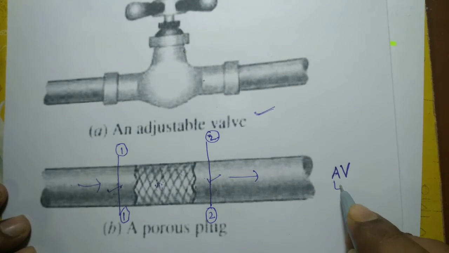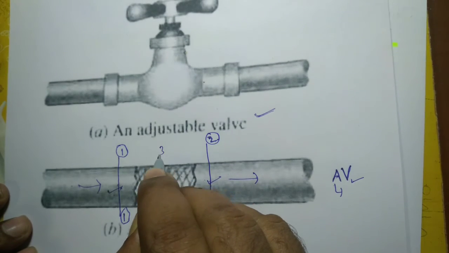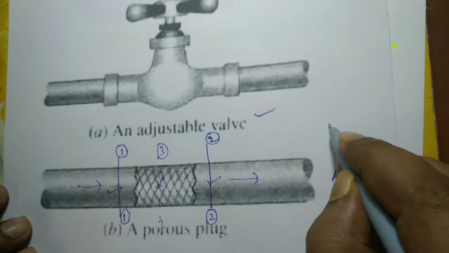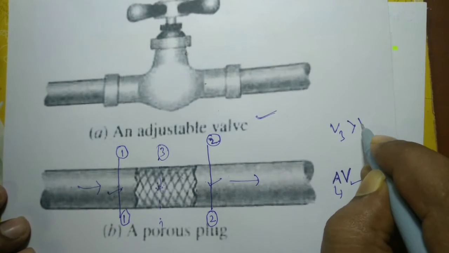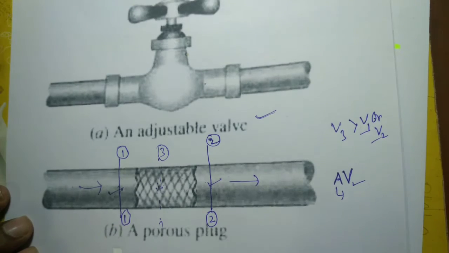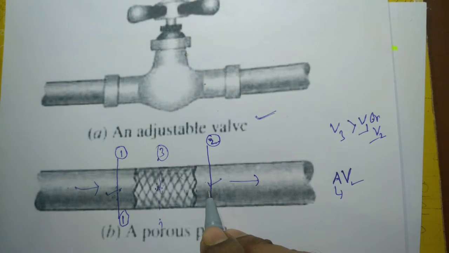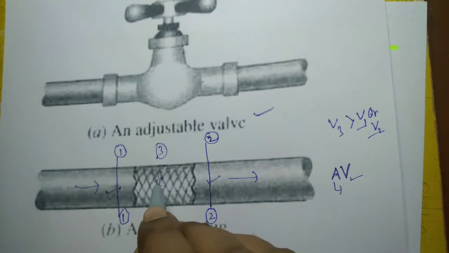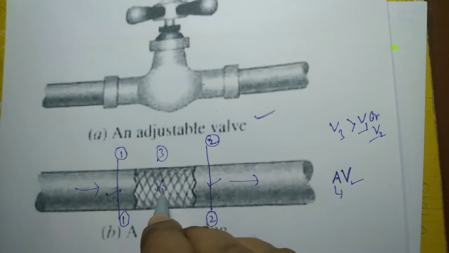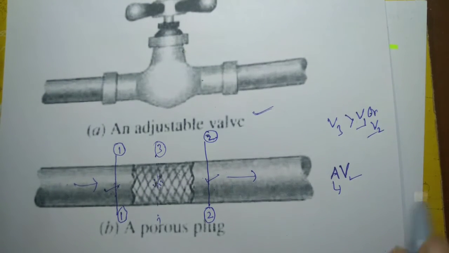If area decreases, the velocity here, suppose this is section 3, so the velocity at 3 will be obviously higher than V1 and V2, because V1 is equal to V2. If it is 5 meters per second here, it will be 5 meters per second here also, but at section 3 within that porous plug, obviously the velocity will be higher because the cross-sectional area is less.